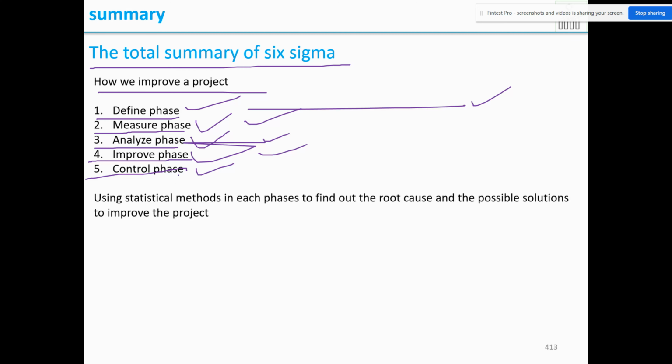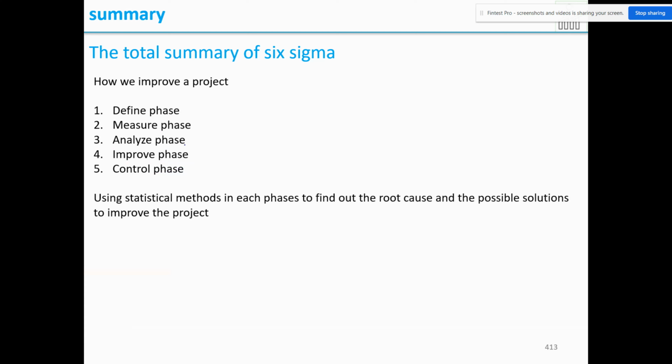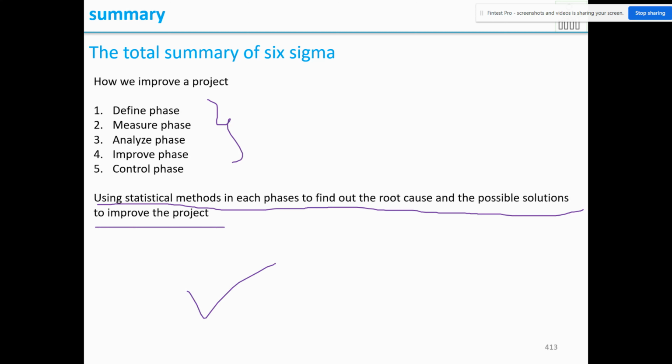So by following all these methods, we can solve a problem or improve a project using Six Sigma methodologies, using statistical methods in each phase to find the root cause and the possible solution to improve the project. Therefore, we use Six Sigma methodologies.